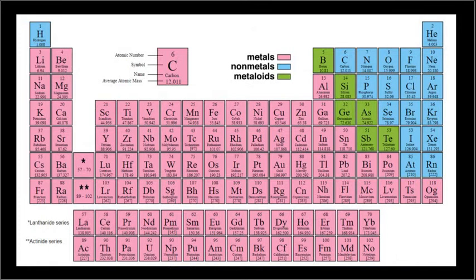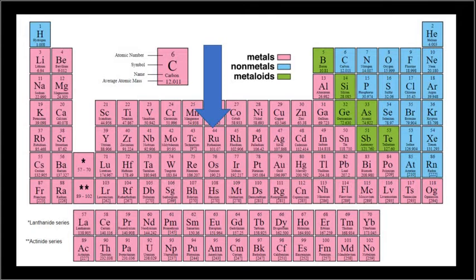Now, the periodic chart is organized in lots of different ways. One of the first ways that the periodic chart is organized, besides atomic number, has to do with what type of substance it is. Okay, first off, if you notice the purple right through here, that is what most of the elements are. And what you'll notice from the key is that these are metals.